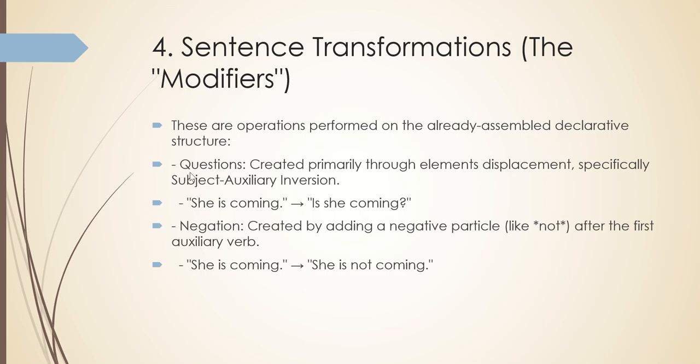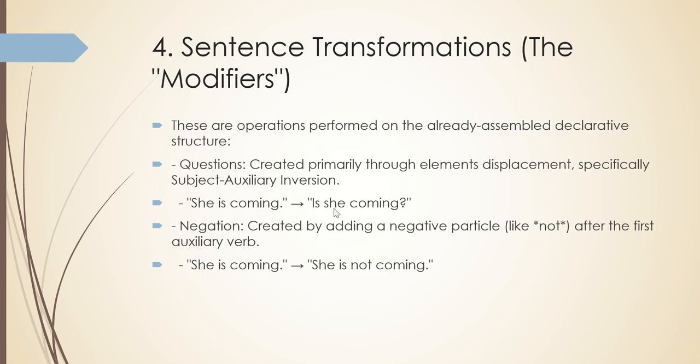Now, in case of the question, it is created primarily through element displacement, especially subject-auxiliary inversion. Now, this auxiliary is the operator that we talked about. Like she's coming, what is the operator? It is the verb is, verb to be. And to form a question, you just have to displace the position of the operator and the subject.